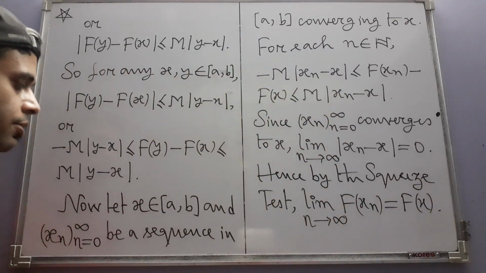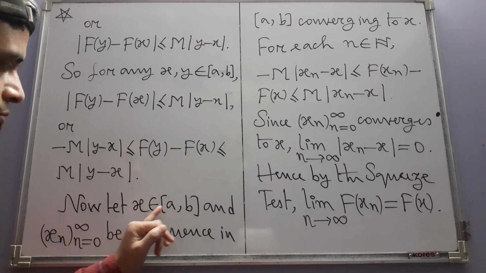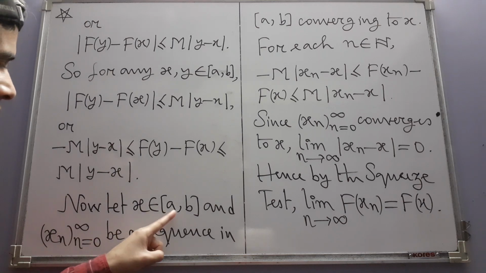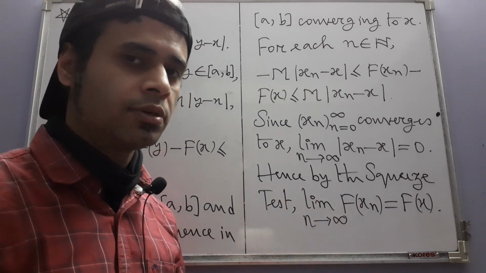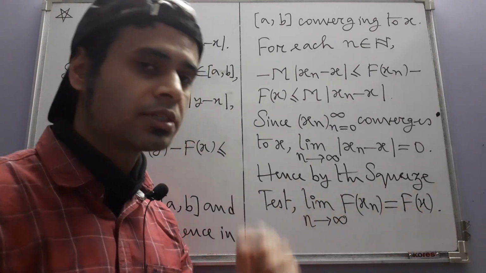So what have we shown? We have shown that for any sequence x_n in our interval that converges to x, f of x_n converges to f of x. So by the sequential formulation of continuity, F is continuous at x.